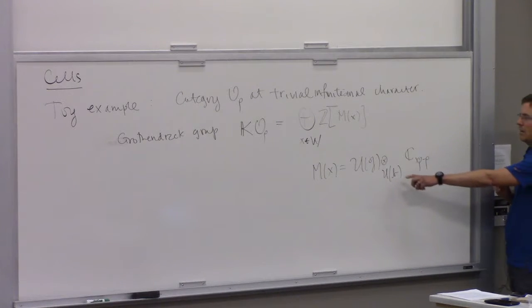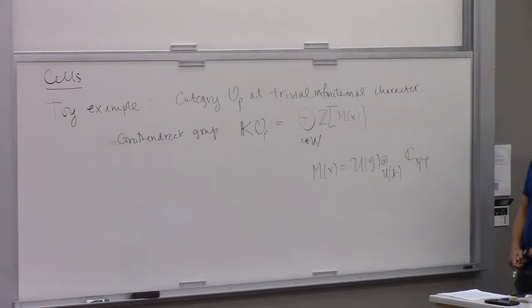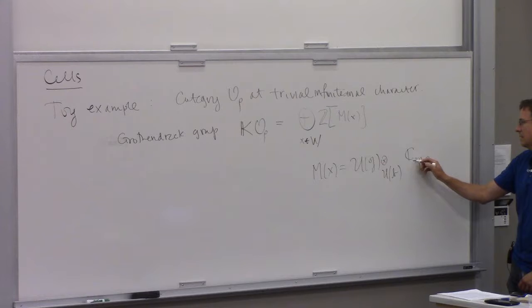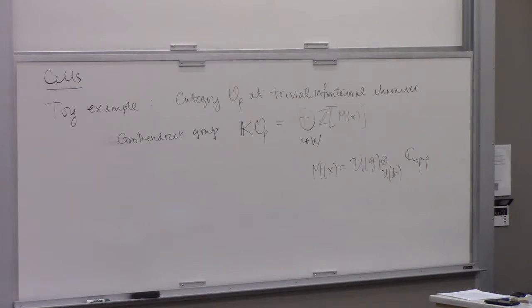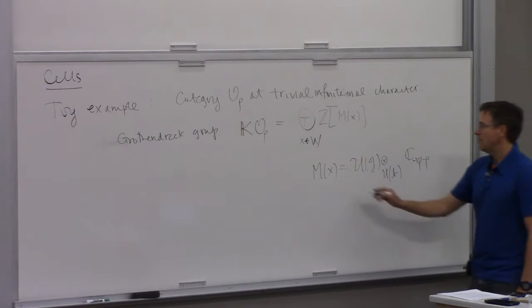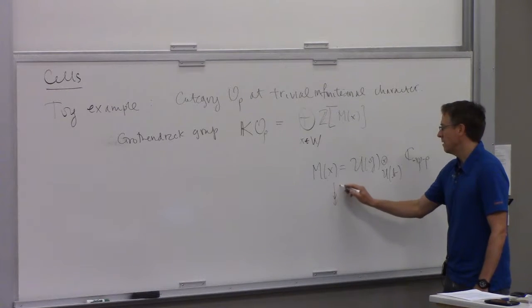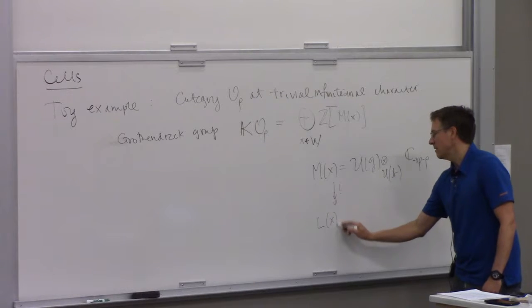Okay, so is it better to use minus X row, minus row? Probably. That will work. So we'll take a look at the normalization in just a second. And this has a unique irreducible quotient, L of X.